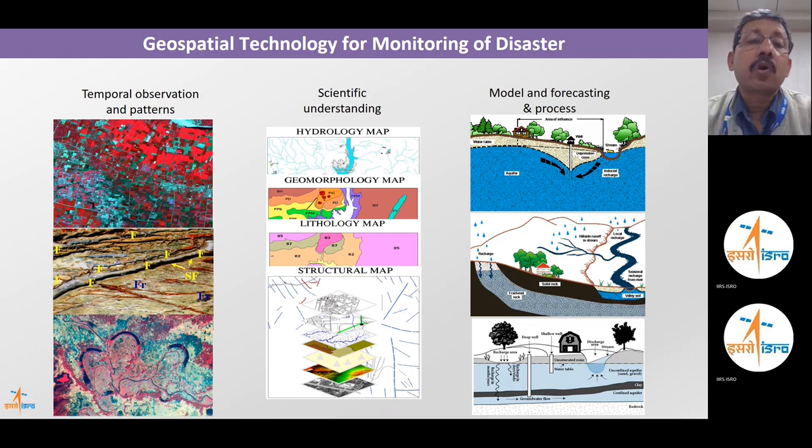And once you have all this information stacked one over the other, talking to each other, you can develop various models. And these models can help in understanding the processes as well as forecasting the various disasters, as a result of the Earth systems models.